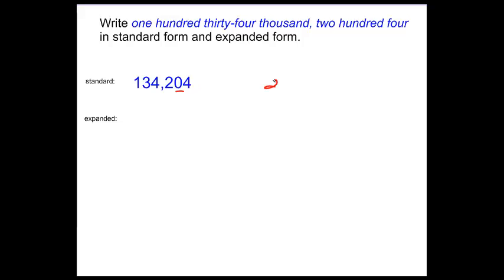If you just wrote this number, that would be just 24. And that's not correct. You must have 3 digits in each period. Before you go on to the thousands, you need to remember there need to be 3 digits. So what I do is I have a line underneath it to know that I need to save the tens place. It didn't mention tens up here, but it doesn't mean they're not there. You still have to save the place.